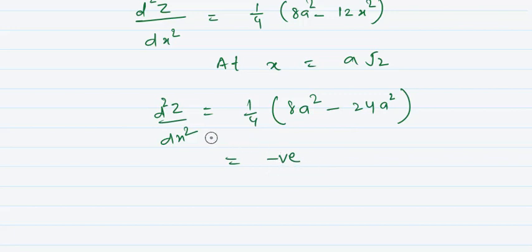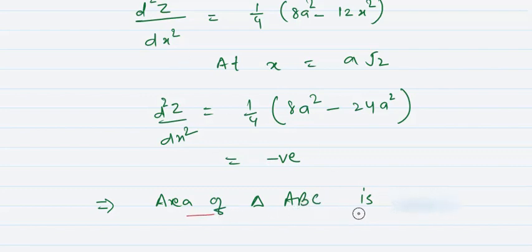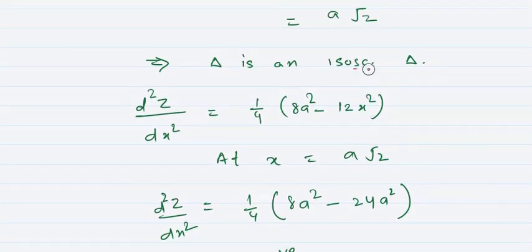And negative sign of double derivative implies that area of triangle ABC is maximum. Okay, and that is the second result that we need to prove. So we have proved the two results, that area of triangle is maximum, and second one that this is an isosceles triangle. Okay, so I hope you understood and you can do this question easily.